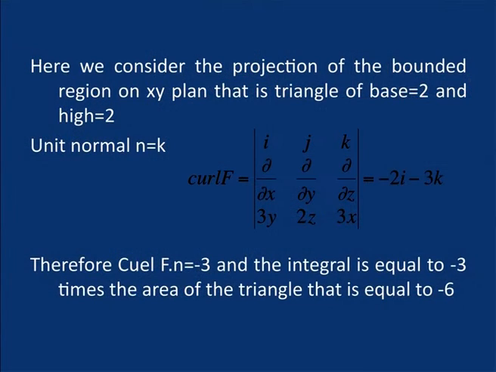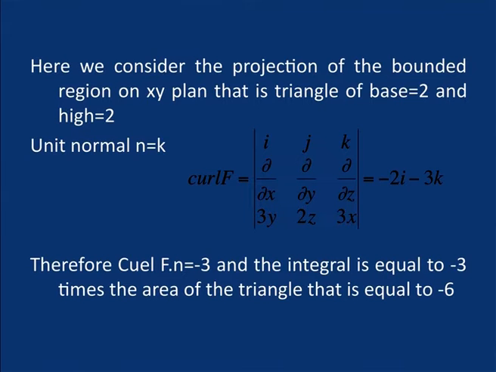Now, we will find the curl of the given function. The curl is defined as the determinant in which the first row is i j k, the second row is del over del x, del over del y, del over del z, and the third row is the coefficients of i j k in the given function, that is 3y, 2z and 3x respectively.